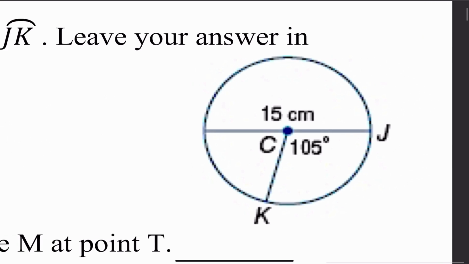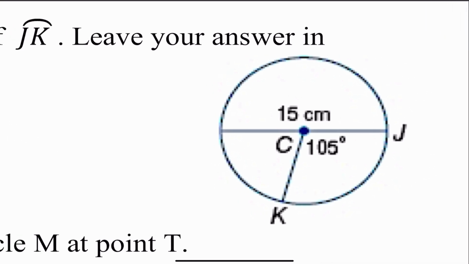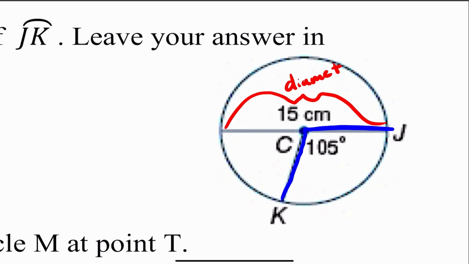So if I look at the circle here, I'm given the central angle. But what's the radius? Well, currently the diameter is 15. But I only want half of that.